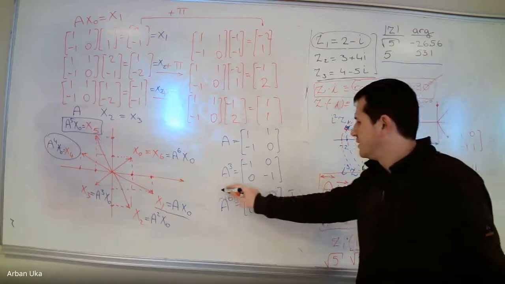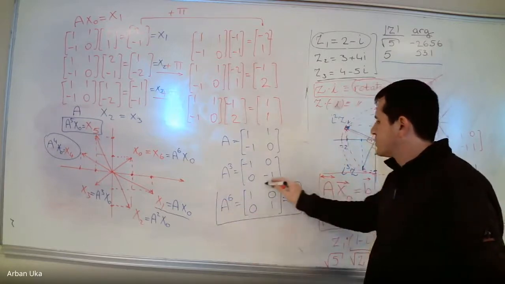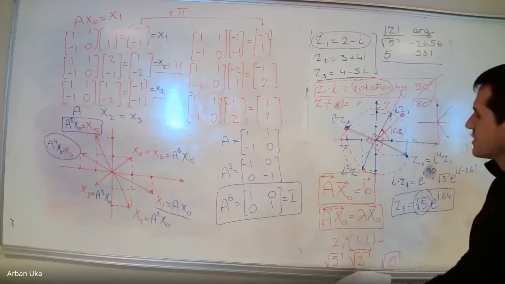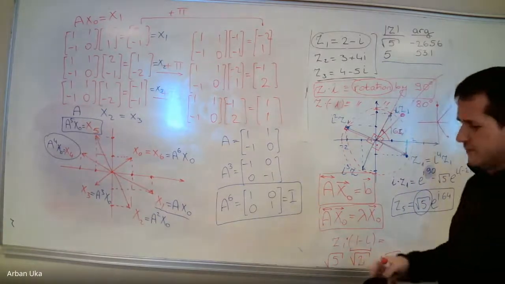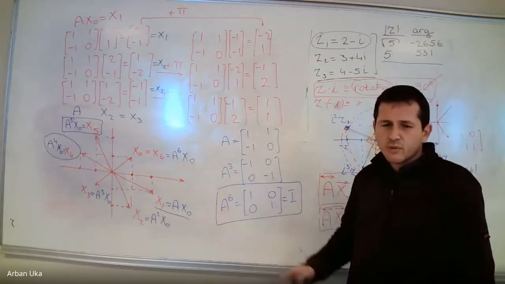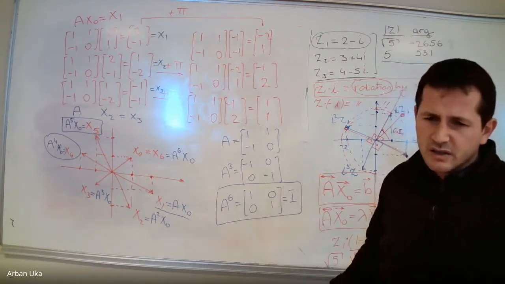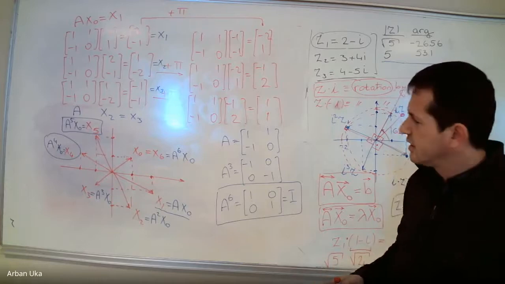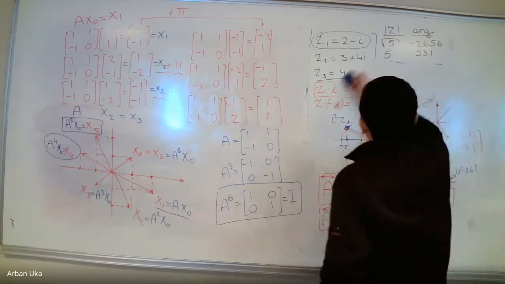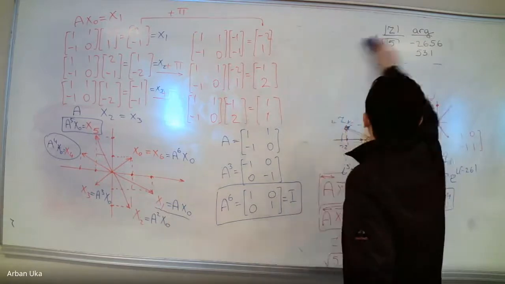Okay? So what is the difficult part so far? Was there anything difficult here? So A to the power 6, what did it do? How many degrees did the initial vector x0 rotate when we applied A to the power 6? It rotated 360 degrees, so it's in the same position.